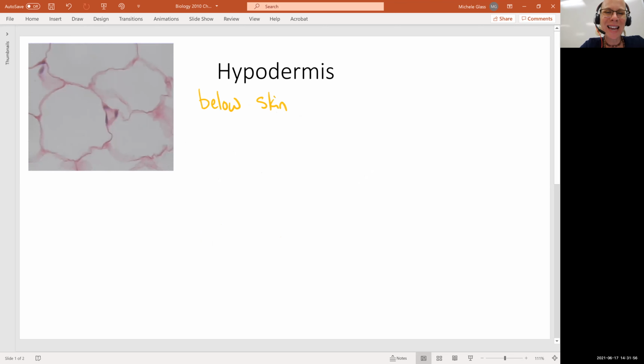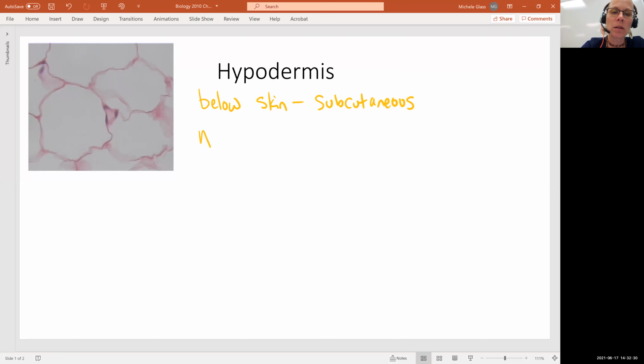So this means it's not actually part of the integumentary system, but it's a super important layer and it's important for us to talk about. When we talk about the hypodermis as being below the skin, we can use the term subcutaneous. So this layer can be referred to by either one of those terms.